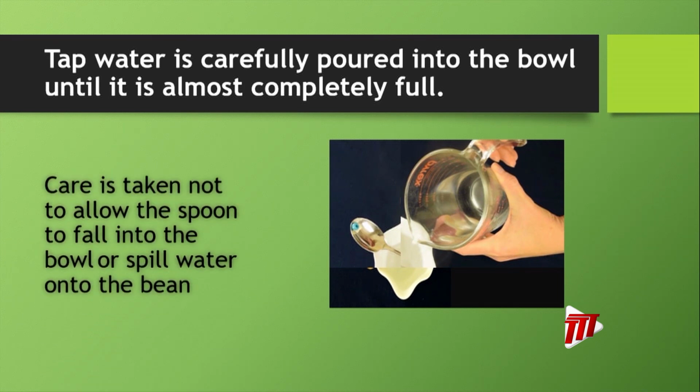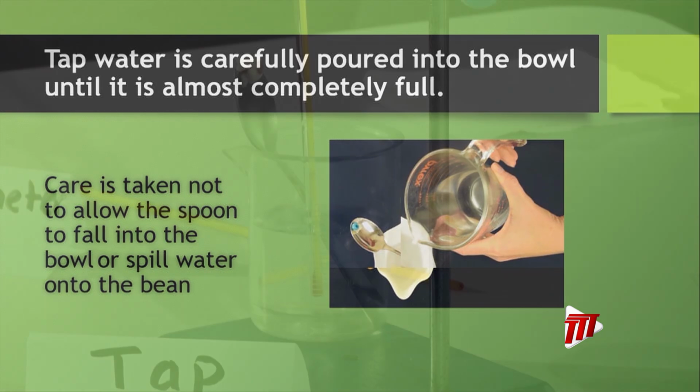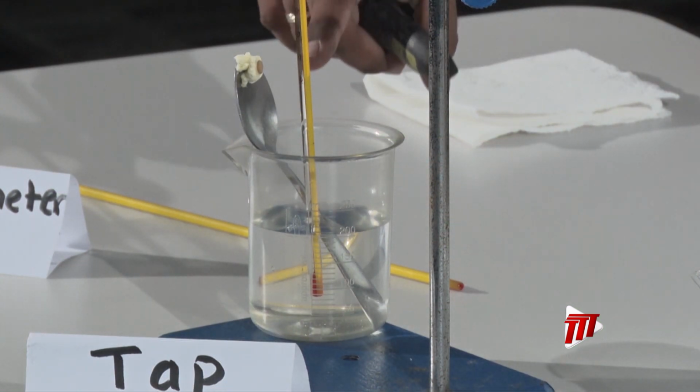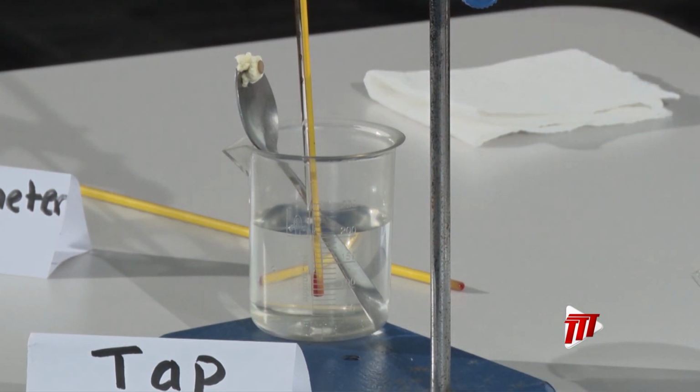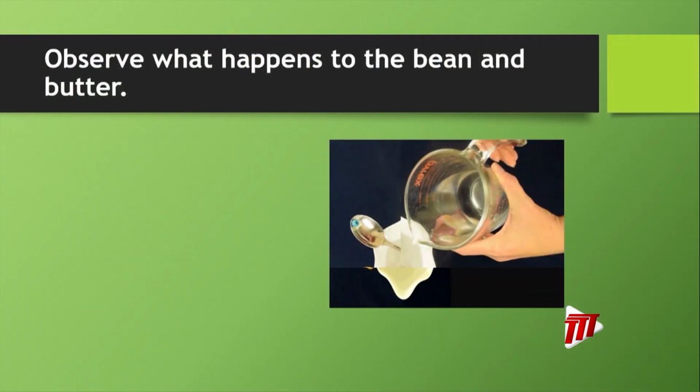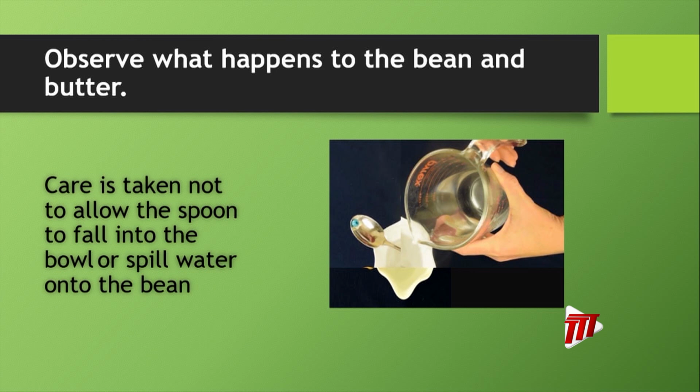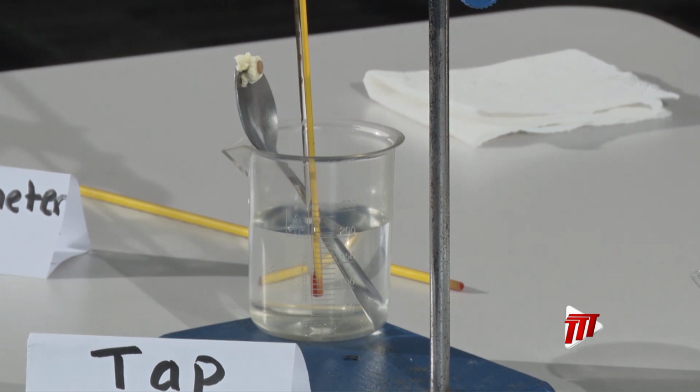Again, all of the precautions that we mentioned: not spilling and making sure that we have the spoon resting properly. And then observe what happens. As we took all of our precautions, now we wait and observe what takes place in this experiment.